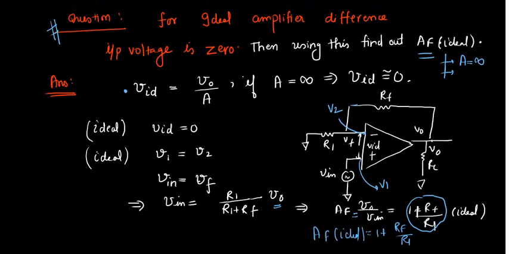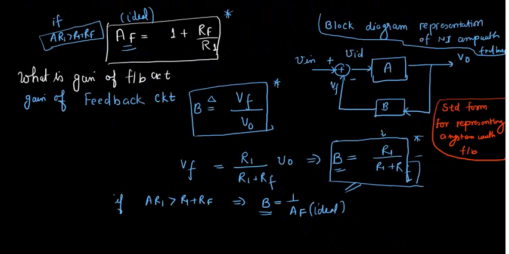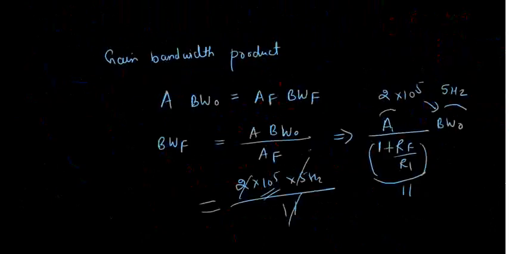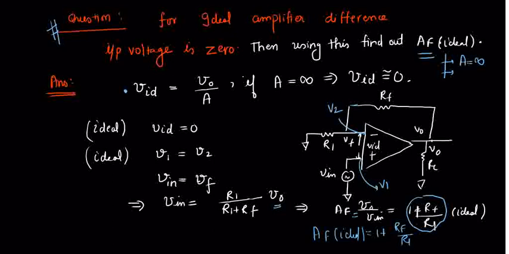Agreed? You might not have seen this formula, right? Now you see that this condition is true only when you consider the ideal scenario. Most of the time AF ideal will be quite close to AF exact, right? Because 10 to the power 5 is quite large.